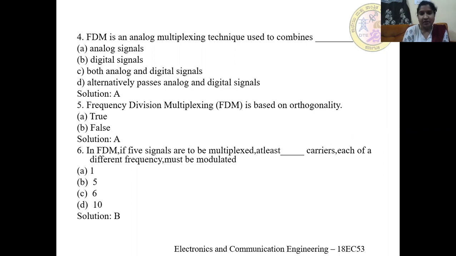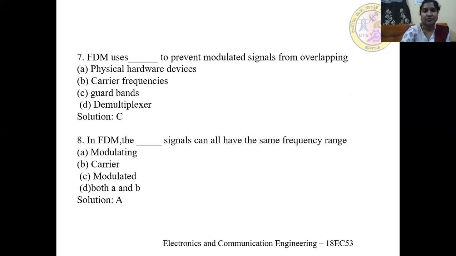Next, sixth question. In frequency division multiplexing, if 5 signals are to be multiplexed, at least dash carriers, each of a different frequency, must be modulated. 1, 5, 6, 10. The solution is option B, that is 5. Next, seventh question. Frequency division multiplexing uses dash to prevent modulated signals from overlapping.